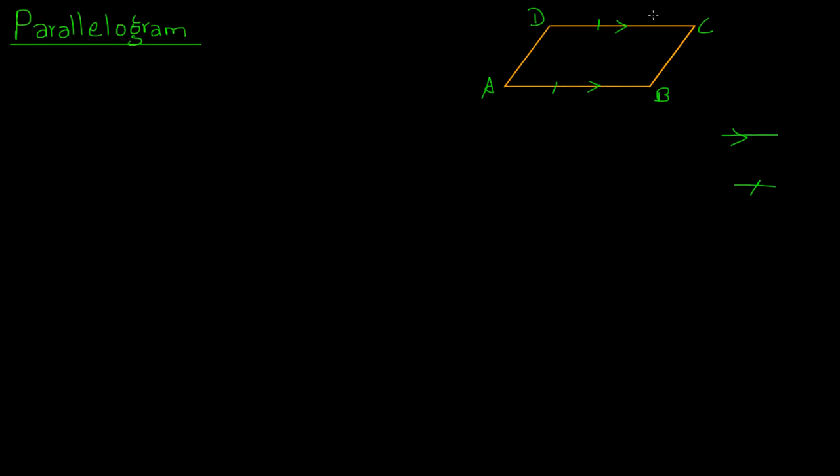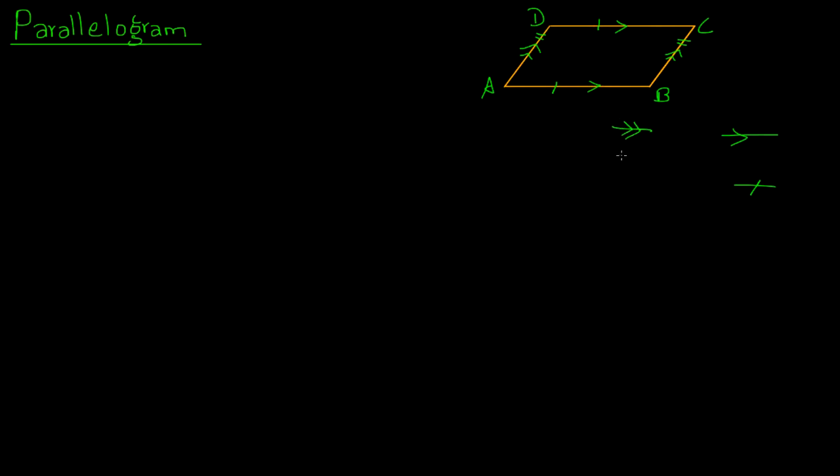So this is a parallelogram, but it does not end here. The side BC is parallel with side AD, and the side BC is also equal to the side AD. Since we have two pairs of parallel lines, AB parallel to CD and BC parallel to AD, we cannot use the same sign, so we'll use a double sign.